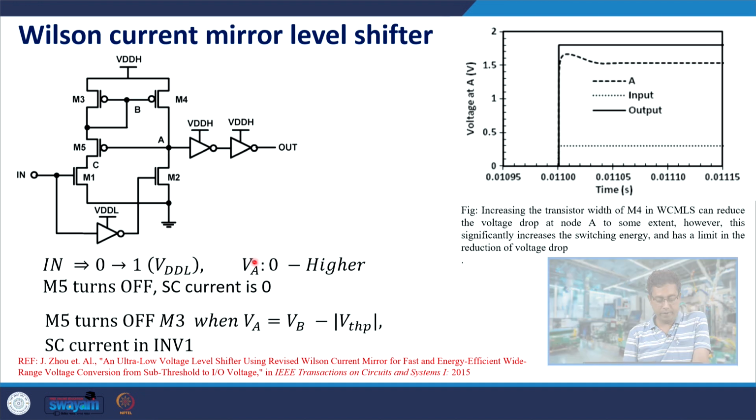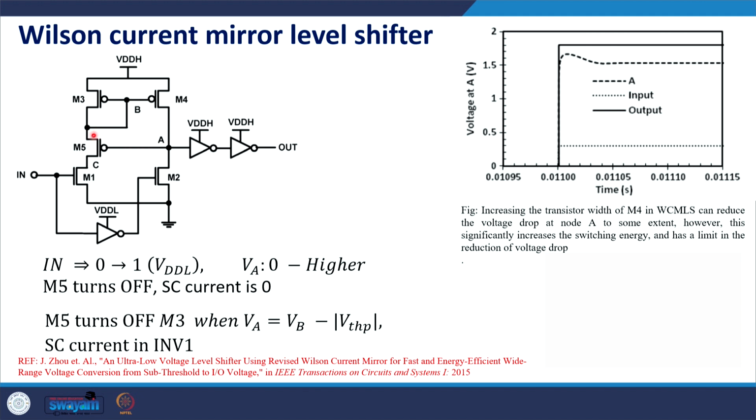M5 is on initially, and now this is pulled down. So, it will first discharge C and there is a current through this, and that current must be supplied by M5. So, VB will also go to a lower voltage, so that the magnitude of VGS of M3 is increased, and the magnitude of VGS of M5 would also increase.